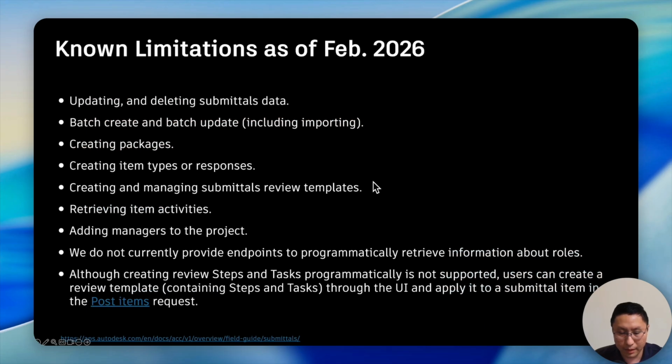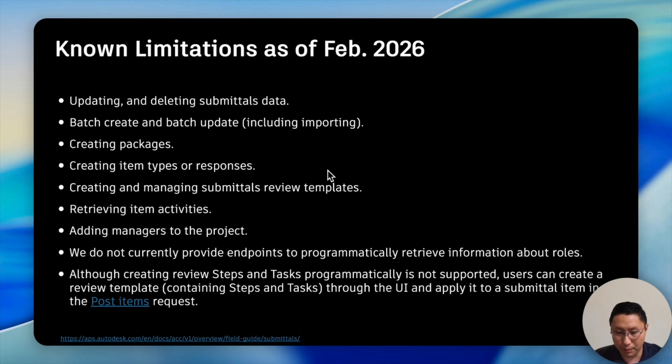And here are the limitations of the Submittal API. In the current release, it doesn't support creating package, item type, response, review template, review state tasks, and item revision. It also doesn't support updating and deleting submittal data.